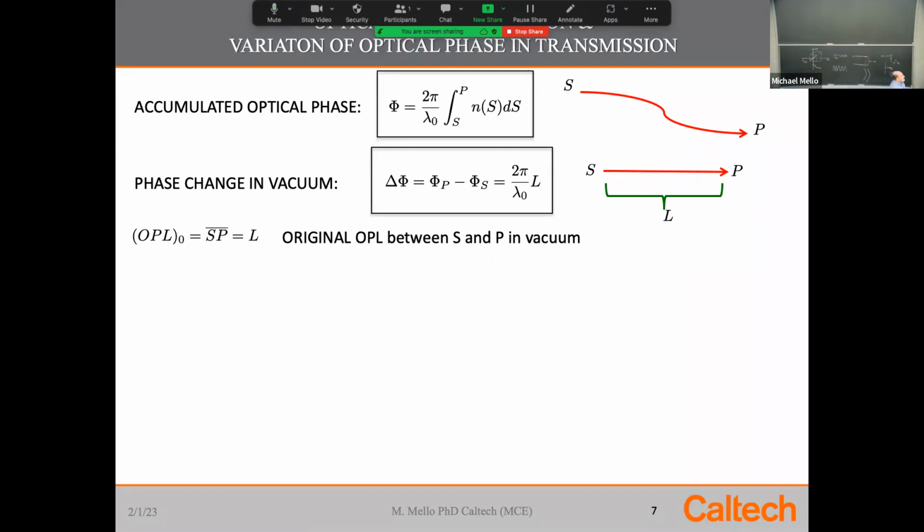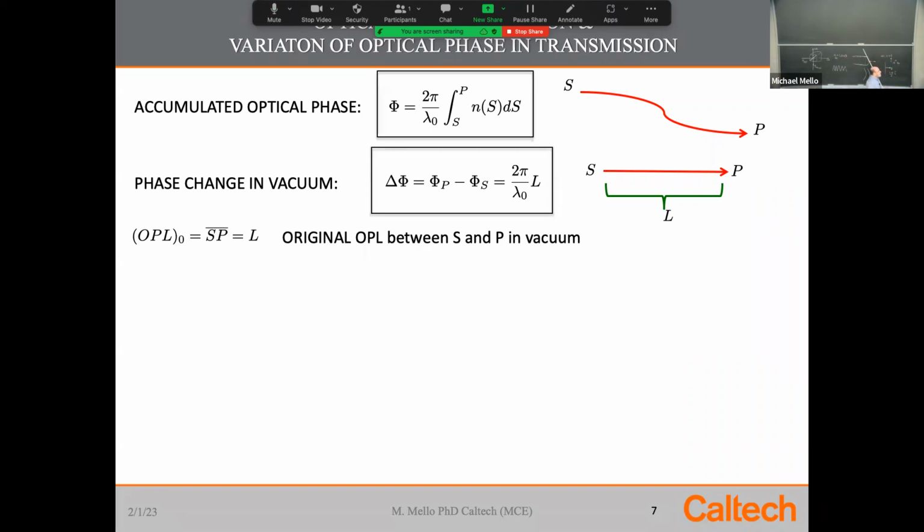Optical phase is nothing but 2 pi over the wavelength of the light times the distance it travels. If the index is not 1, then an index n would have to sit in here. So in a vacuum, where n equals 1, the optical phase is 2 pi over lambda times the distance it went from S to P. It's as simple as that.